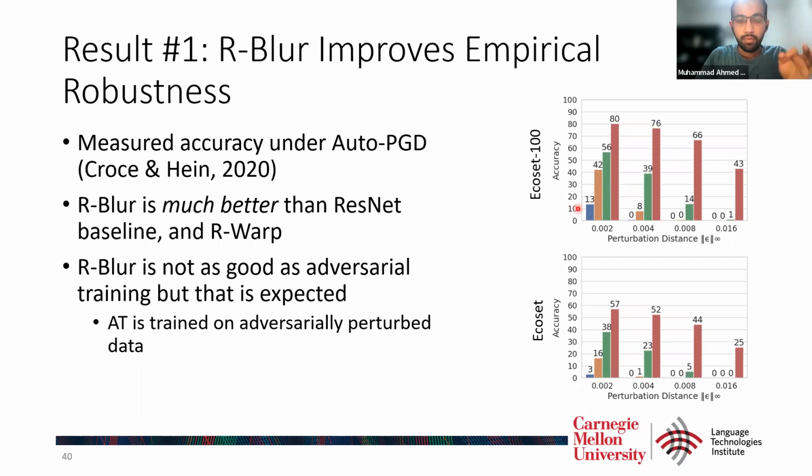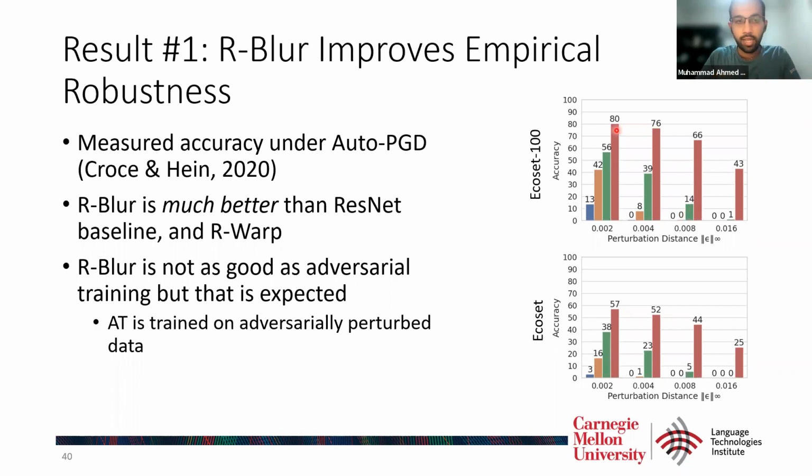As we increase the size of the perturbation, along the x-axis, R-blur is able to retain more accuracy compared to the vanilla ResNet and the R-warp. It's significantly more robust than those models, even at relatively high levels of perturbation, where R-warp and the vanilla model have almost 0 accuracy. R-blur has relatively higher accuracy, like 14%.